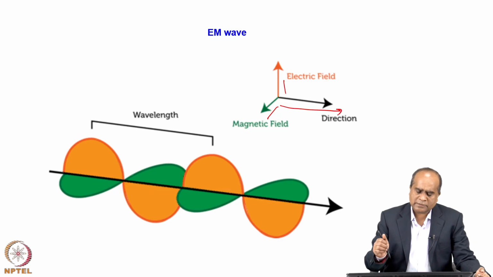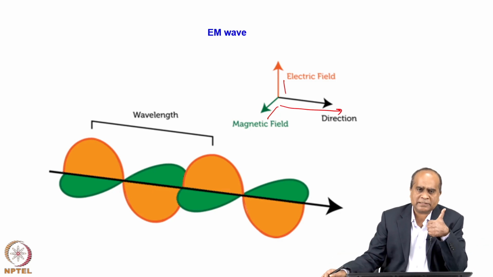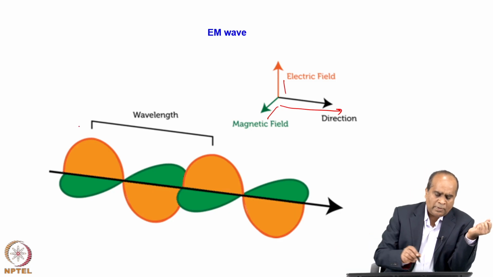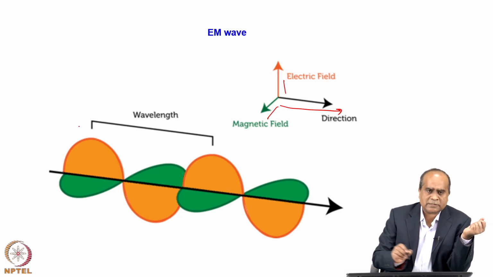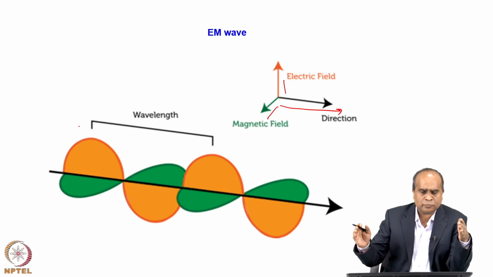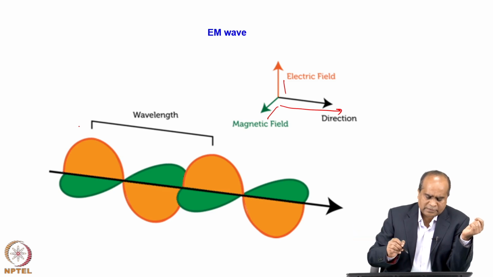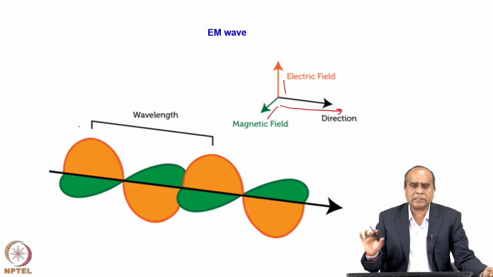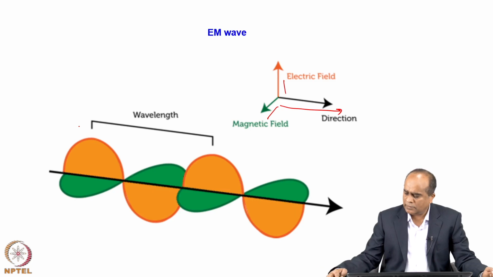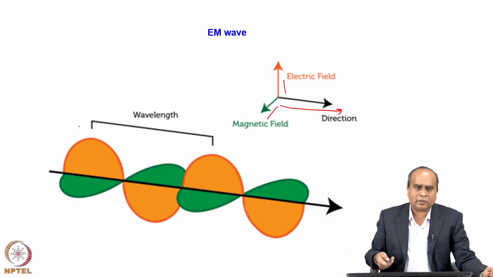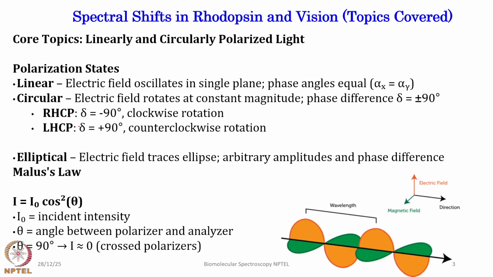Suppose the electric vector is in the z direction and the magnetic vector is in the x direction, the wave propagation happens in the y direction, right. So, z, x and y, that is how the propagation happens, and you remember from your 12th class physics that this is the wavelength, the distance between two troughs or crests. So, that is the electromagnetic wave, and in spectroscopy we all the time talk about electromagnetic waves, right.